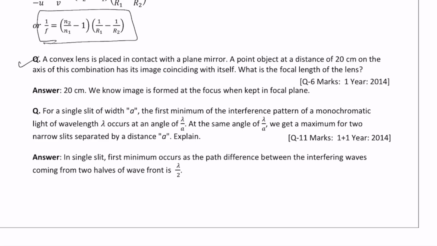A convex lens is placed in contact with a plane mirror. A point object at a distance of 20 centimeter on the axis of this combination has its image coinciding with itself. What is the focal length of the lens? We know that the image is formed at the focus when the object is kept at the focal plane.